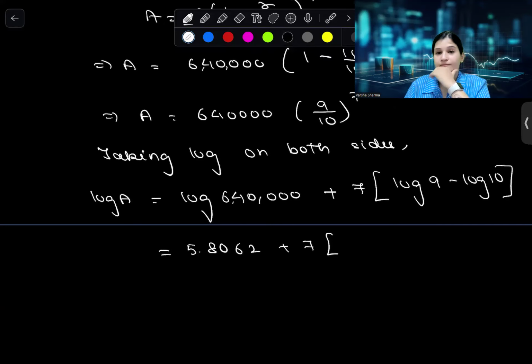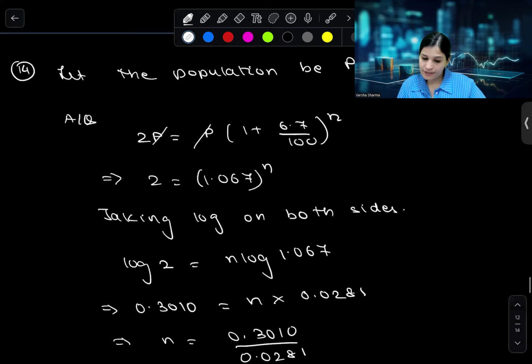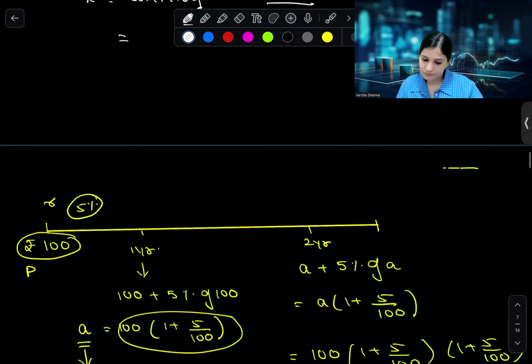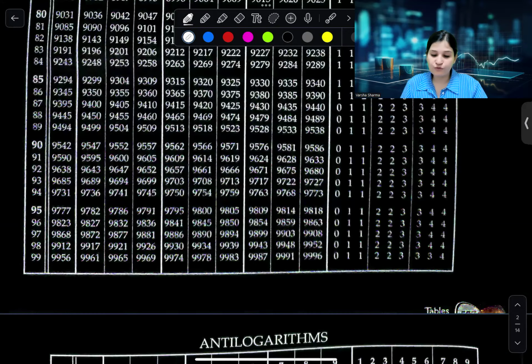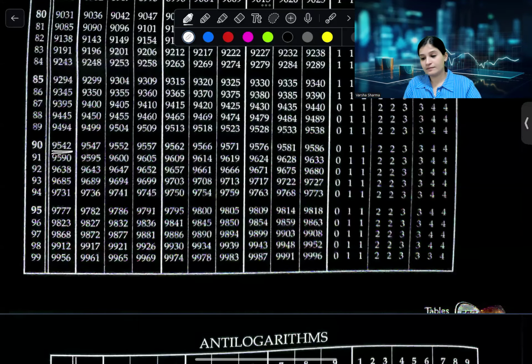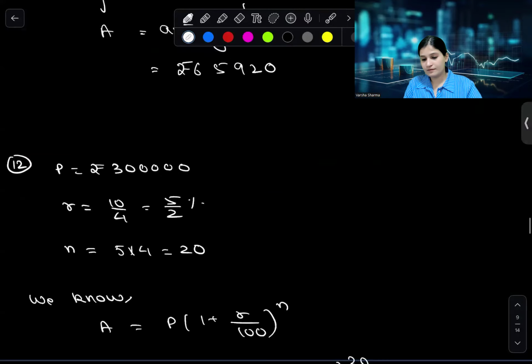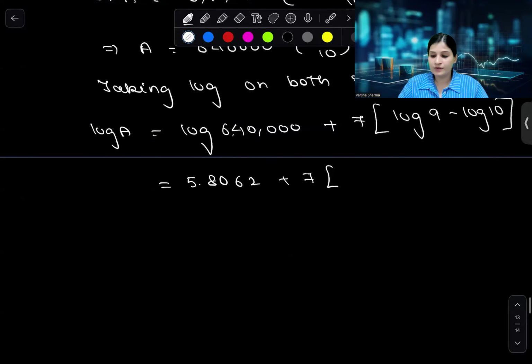Log 9 is 0.9542. What is log 10? We don't need a log table for that.